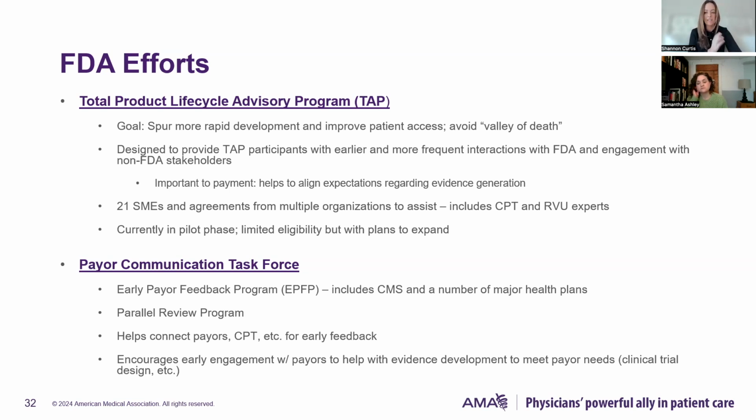But there is a very clear renewed effort at the federal level to get better at this interagency communication and really collaborate to make this process much easier than it has been in the past. So we're very hopeful that we will see improvements in these communications and these feedback programs going forward.